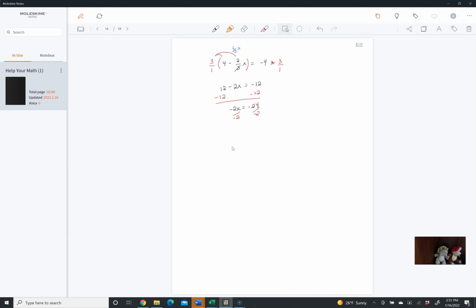And -24 over -2 turns into a positive number because we're doing a negative divided by a negative. And 24 over 2 is just 12. So we get x is equal to 12 as our answer. And if you were to plug it back in, you would see that the equality holds true.